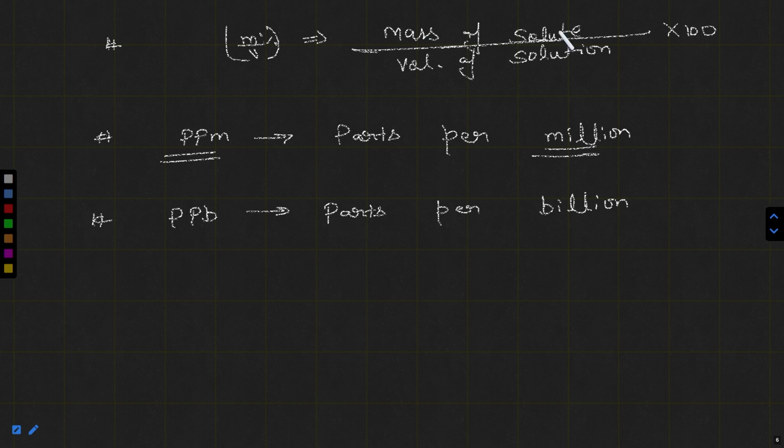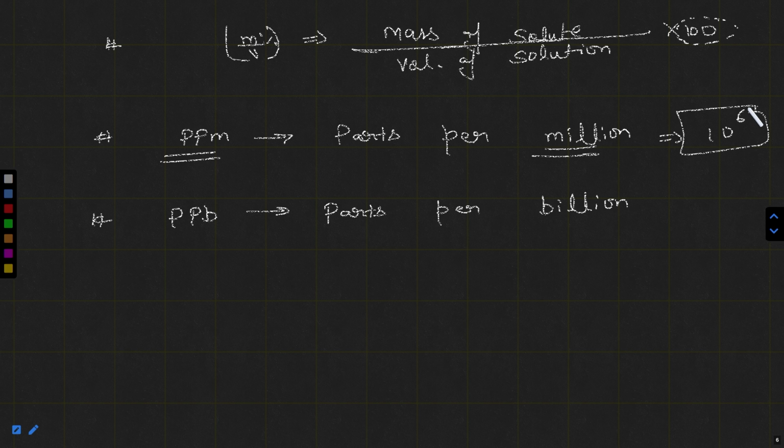Suppose you are applying mass of solute divided by volume of solution, you have to multiply with 10 raised to the power 6. In case of parts per million, 10 raised to the power 6, it means in 10 lakh particles only one particle of solute is present.